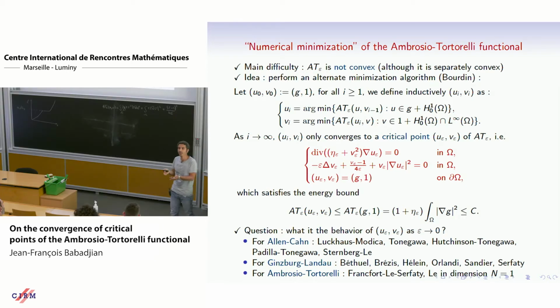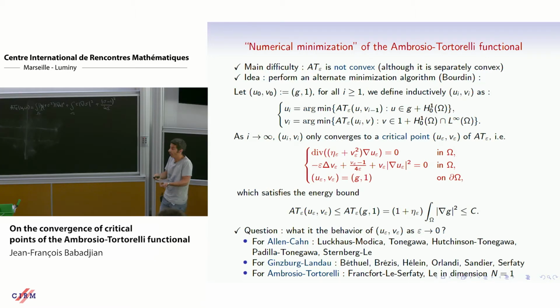The claim would be that critical points of the Ambrosio-Tortorelli functional will converge to critical points of the Mumford-Shah functional, whatever that is. But unfortunately, there is no general theory which tells you that such a statement is true, and you have to do it by hand for your problem.